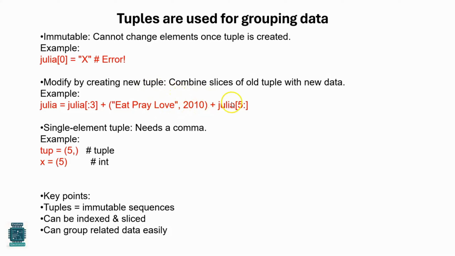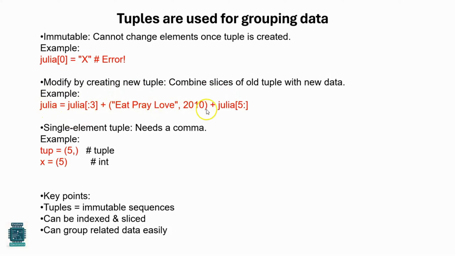And julia[5:] creates a slice of the original julia tuple from the element at index 5 to the end. And the plus operator, which we have used, is to concatenate, which means it concatenates these three tuples together to form a new julia tuple. We combine these three tuples to form a new julia tuple. Got it?